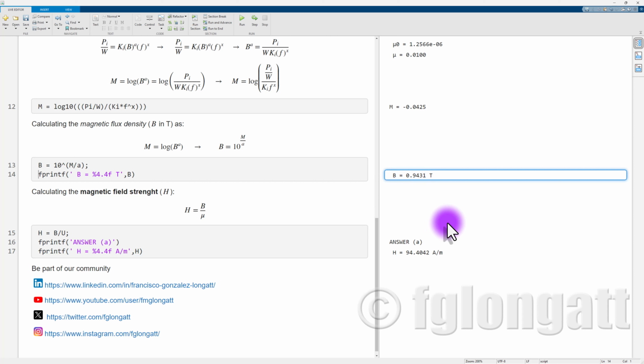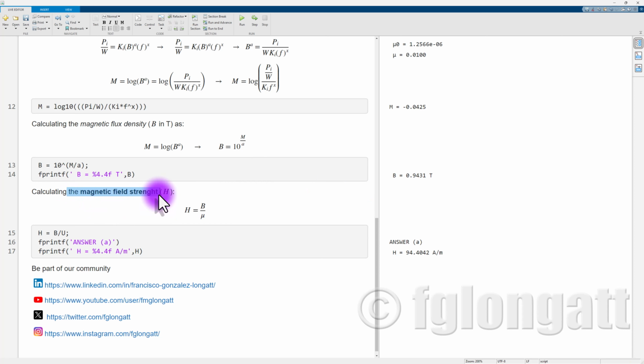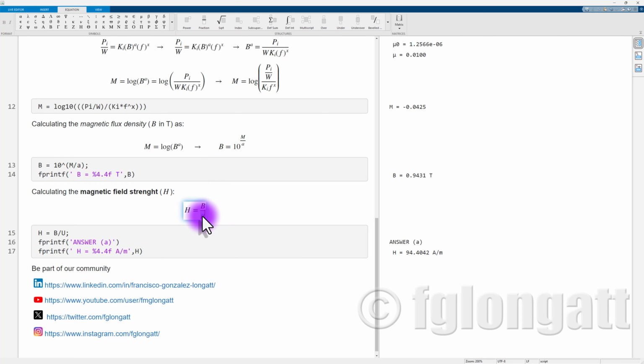0.9431 Tesla. So now we are almost finishing this problem, because finally the relationship between magnetic flux density and magnetic field strength is basically the absolute permeability of the material.